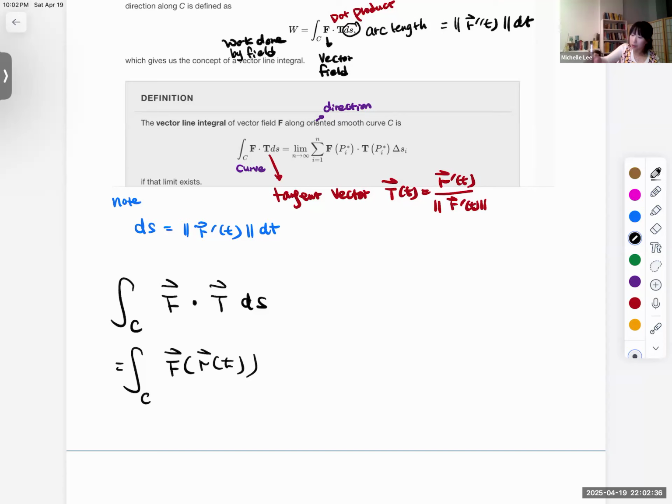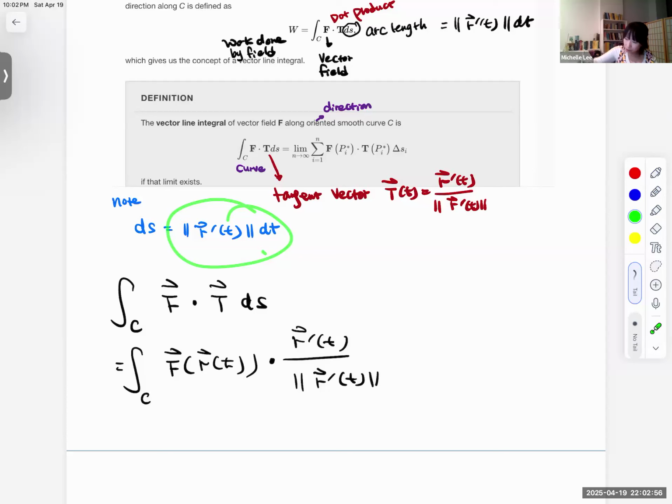Then the tangent vector, this one, dot product with r prime of t over magnitude of r prime of t. Okay, now ds we can express this way, right? So that will be magnitude of r prime of t dt.